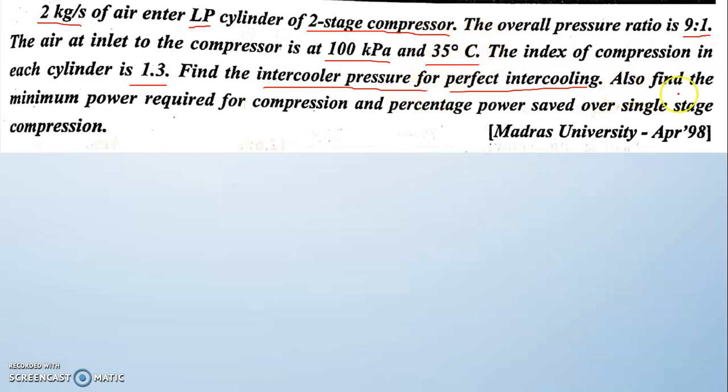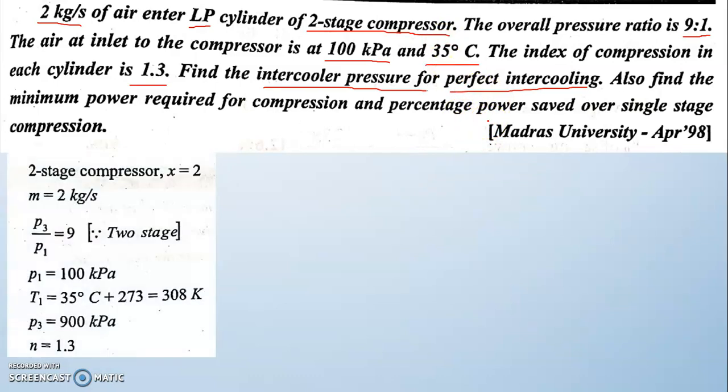Also find the minimum power required. They asked to calculate the power required for compression and the percentage of power saved over single stage compression. So we calculate the power for the multi-stage compressor, and the same power if the condition is applied to a single stage compressor, and we will compare those powers.